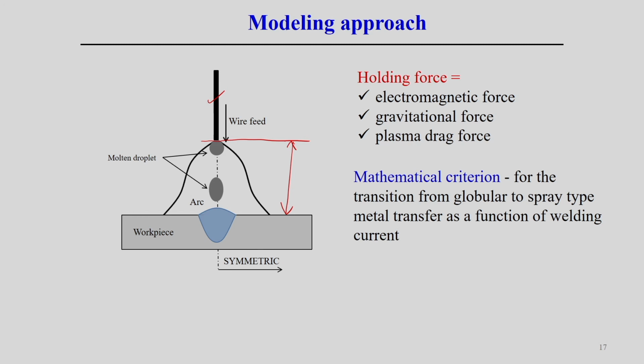Assuming this, an arc is created between the electrode and the workpiece, the droplet is transported from electrode to workpiece, and this phenomenon happens with a certain frequency.